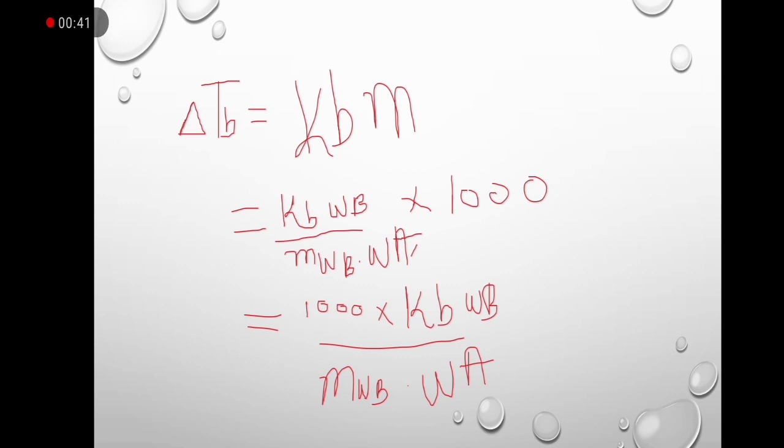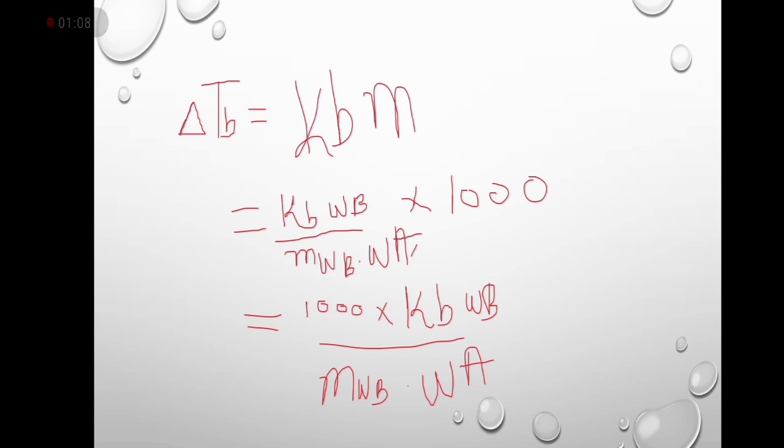Now let's study the different ways in which this particular formula can be applied in problems. Delta TB is equal to Kb into m. Substituting, delta TB is equal to Kb into WB divided by MWB into WA, whole into 1000. So it would be 1000 into Kb WB divided by MWB into WA.